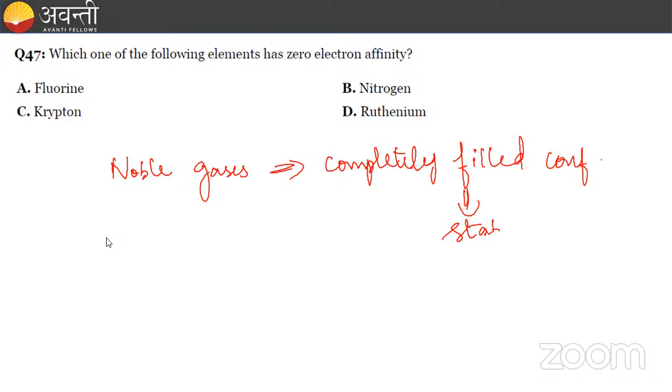We cannot add or remove an electron to the noble gases. So krypton is the correct answer for this question.